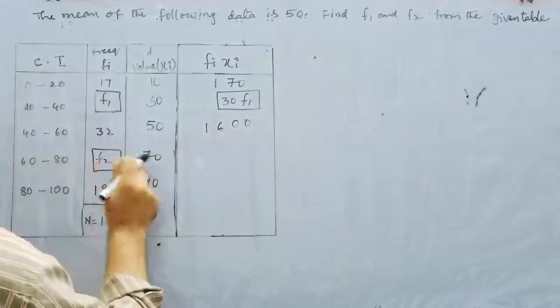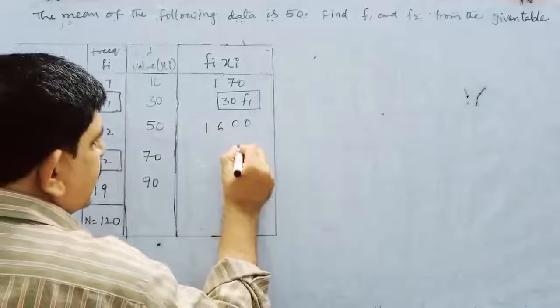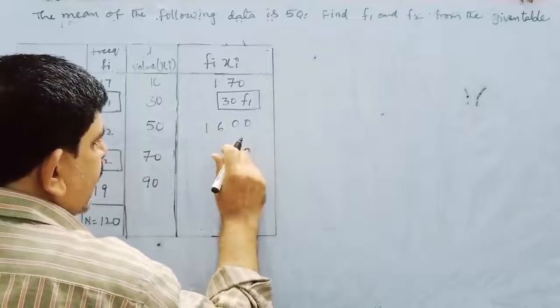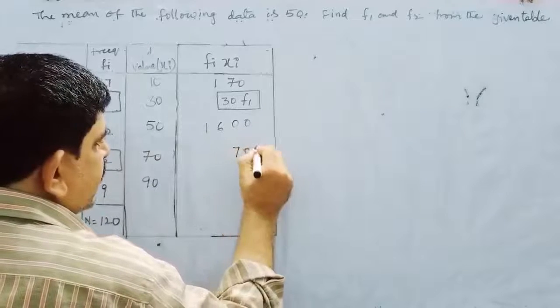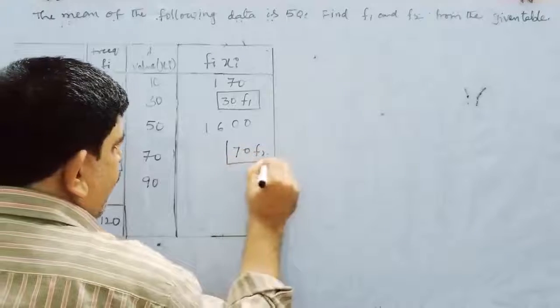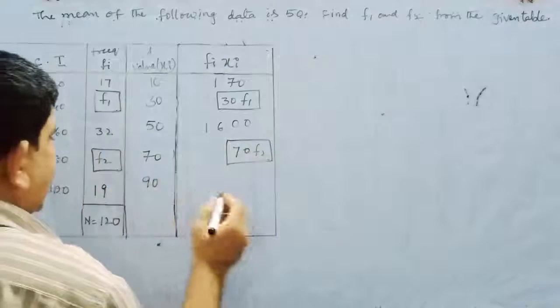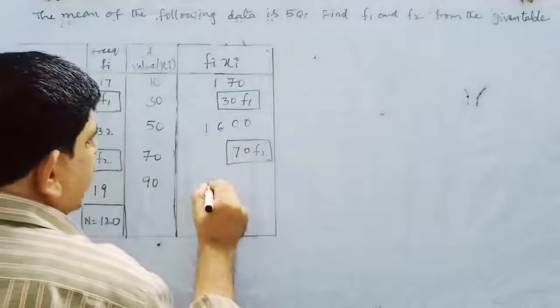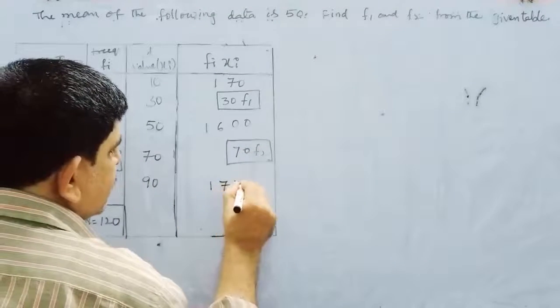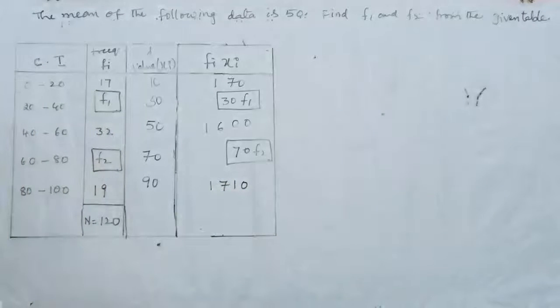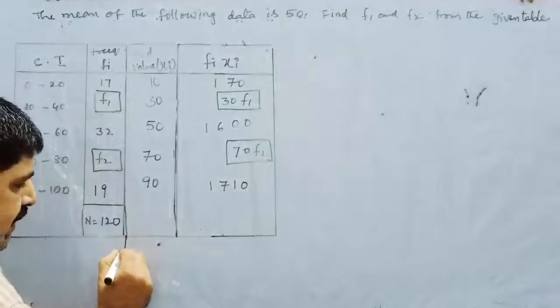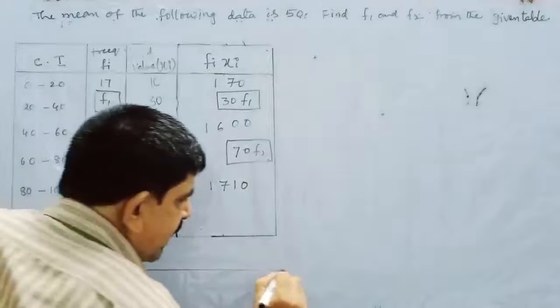Next, f2 into 70, 70 f2. Next, 19 into 90, 9 nines are 81, so 1710.